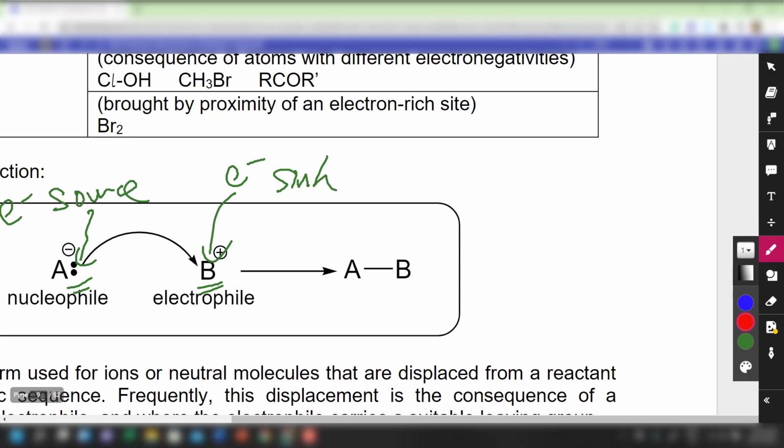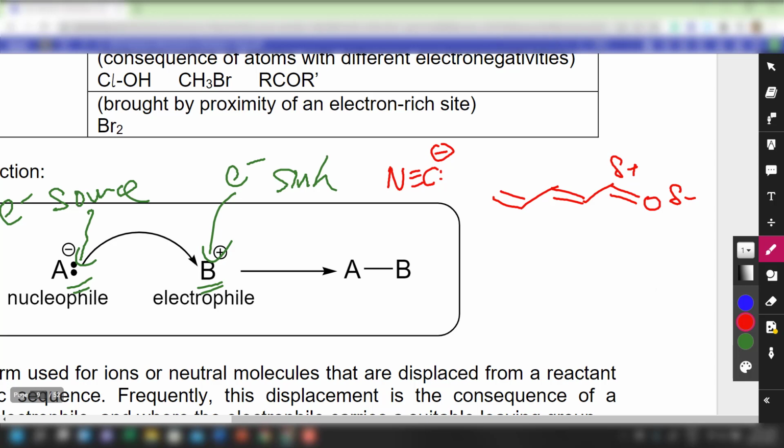For example, say I have cyanide, with the lone pair of electrons on carbon as the electron rich site, and then a series of conjugated alkenes. Notice that the delta minus at the oxygen here is what we call an electron sink.